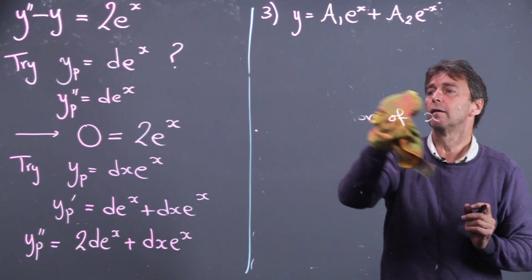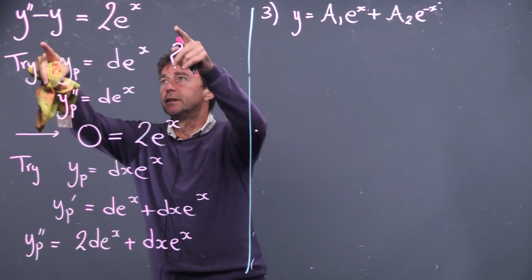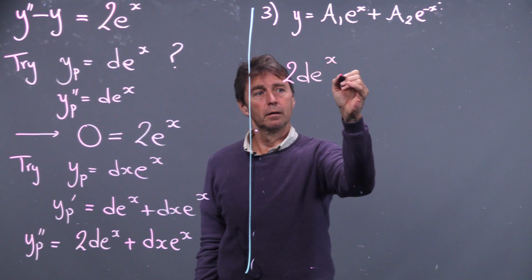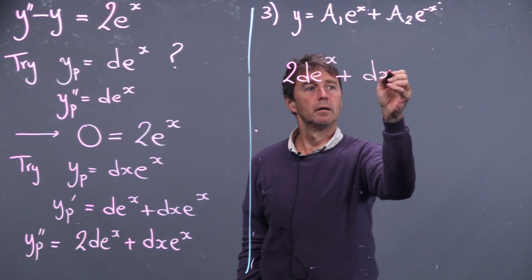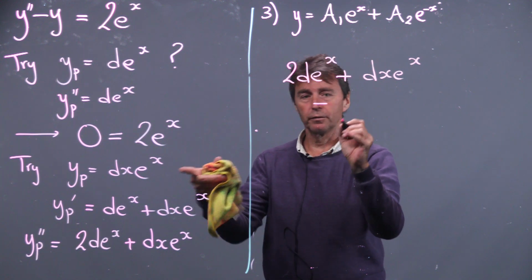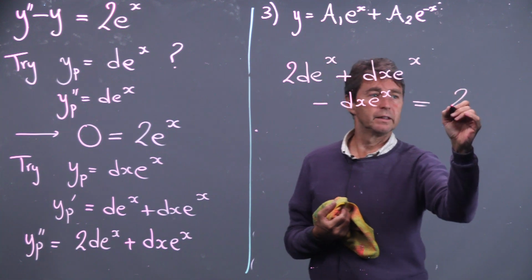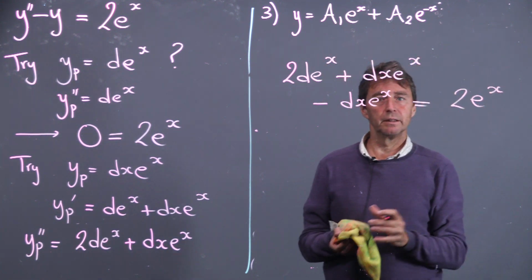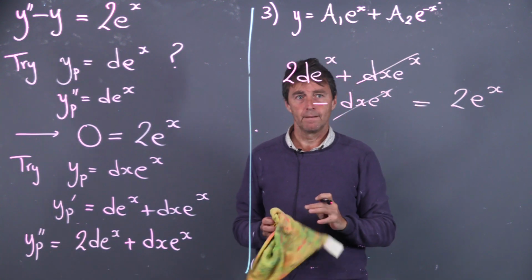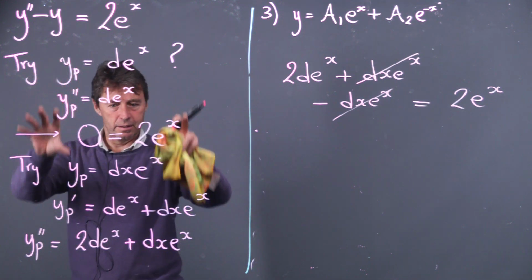If I come along now and I feed all of these into the equation, that's the second derivative. Now I need to subtract off the original thing. I need to get 2 e to the x at the end of the day here. You'll notice that there is this cancellation. You always get cancellations like that in this situation.